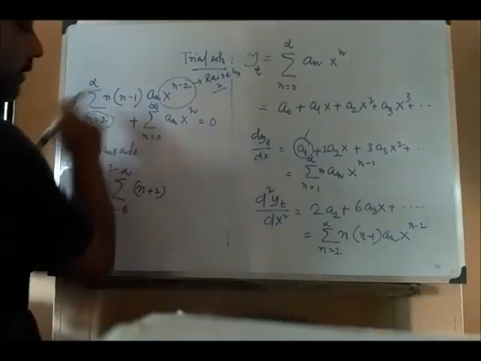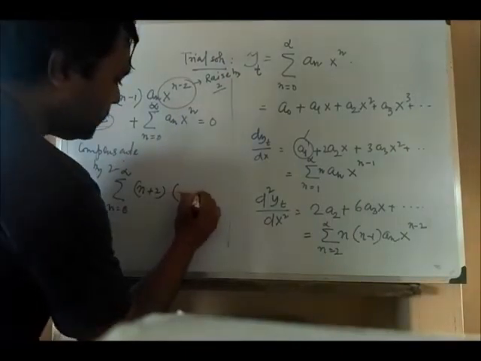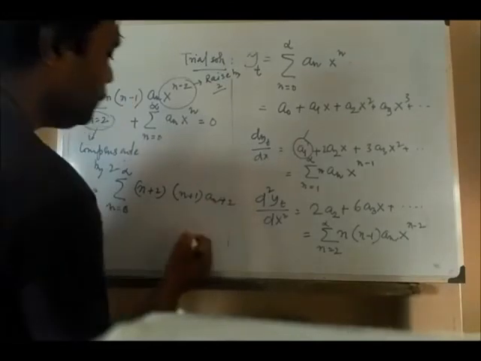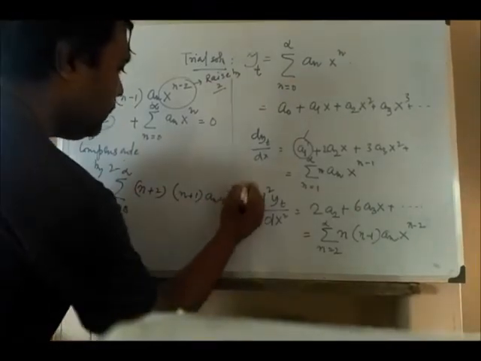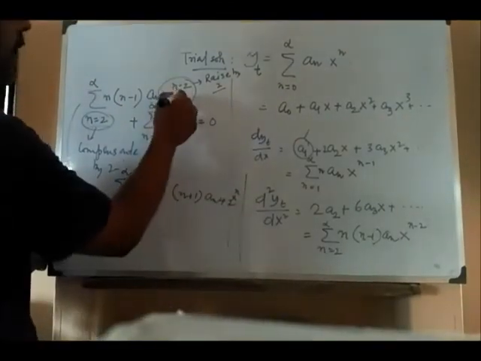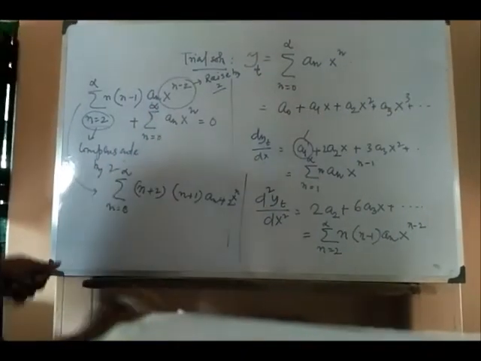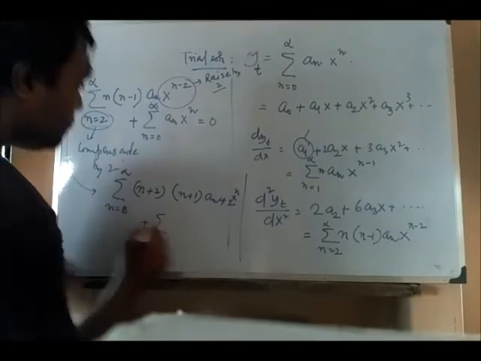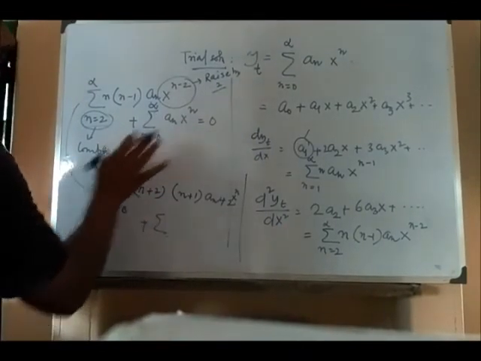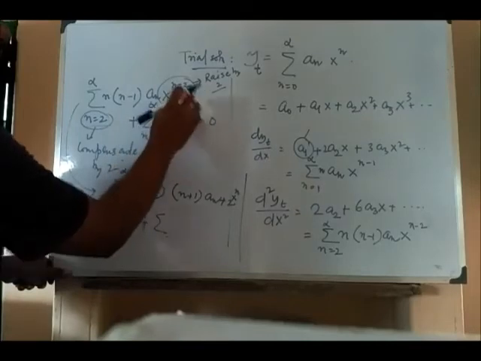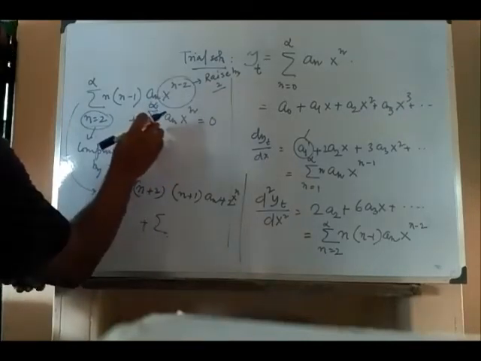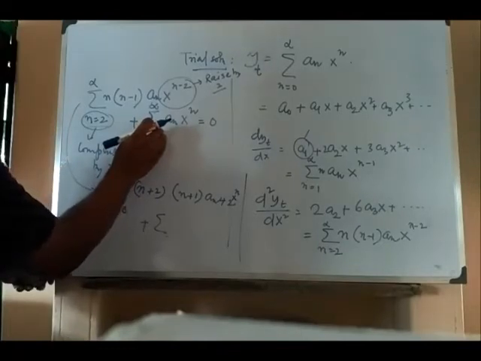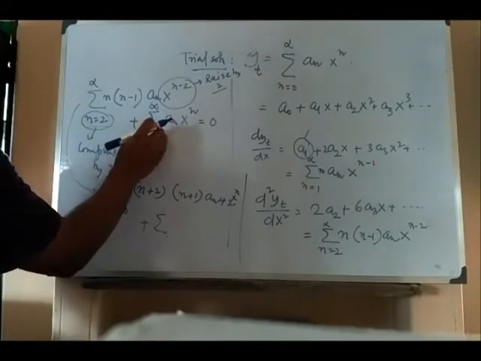n will be replaced by n plus 2 into n plus 1 a_{n+2} x to the power n. So now it's become x to the power n if you raise it by 2. And of course, we are not raising or compensating any of the power of x to the power n, or any term that gives me the form of this summation.